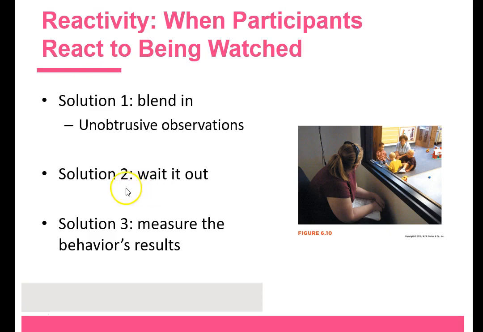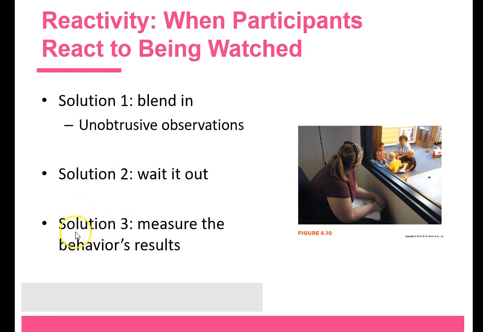So waiting it out, like for instance, in my research studies, we would often take half an hour or 20 minutes when we first had our participant in our research study and just talk to them, ask them questions that were really not part of the study, but just to get them comfortable and to relax and to kind of start acting in their more typical way. And then after half an hour, we would go on with our research study, hoping that we will have gotten rid of some of the reactivity to first being in a research study.